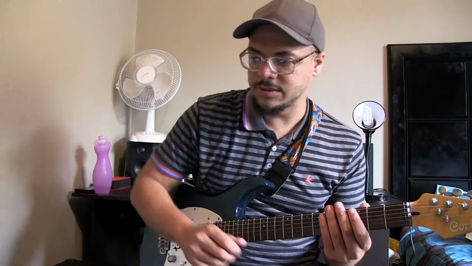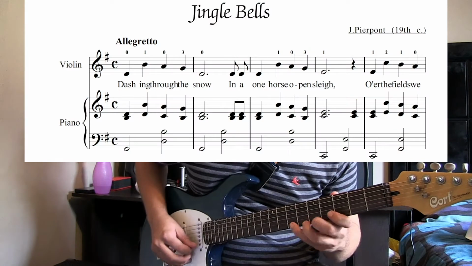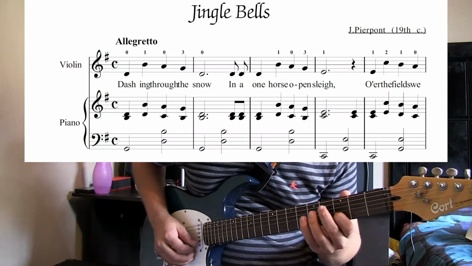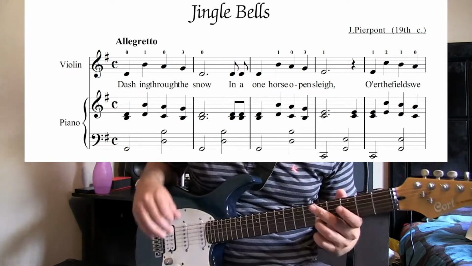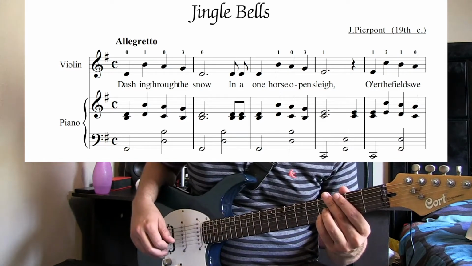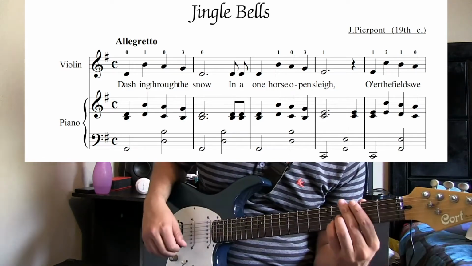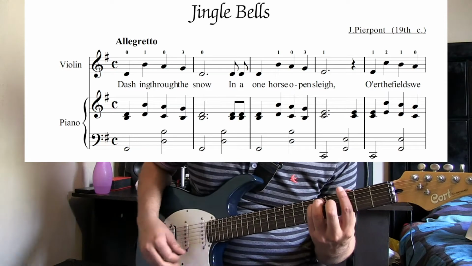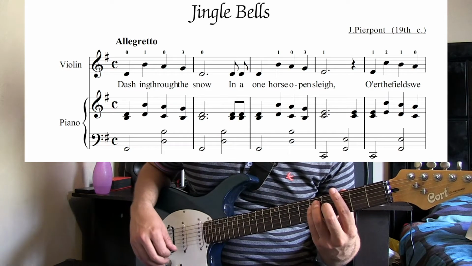So the melody starts like this. So that's the first 4 bars. If we look at the harmony for the first 4 bars, the first 3 bars are a G major chord, and then in the 4th bar, the harmony changes to a C major.